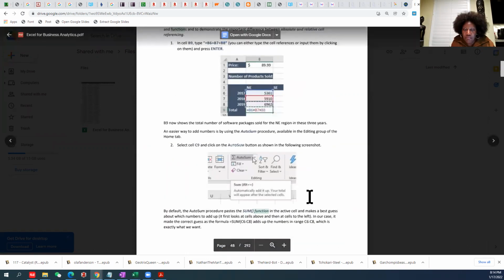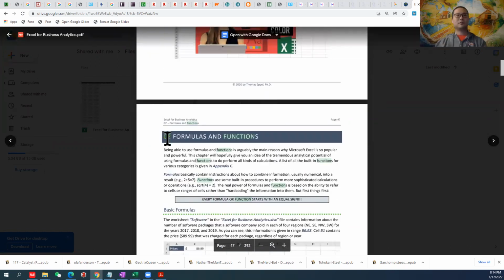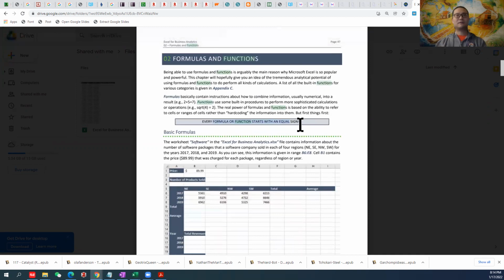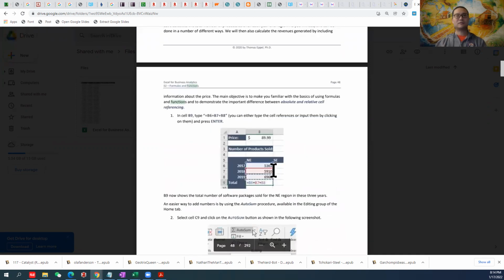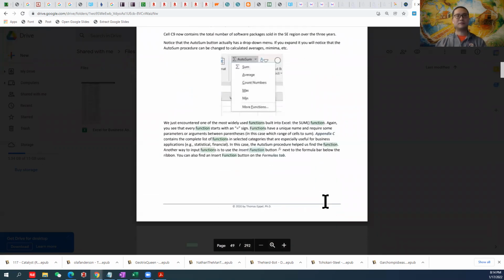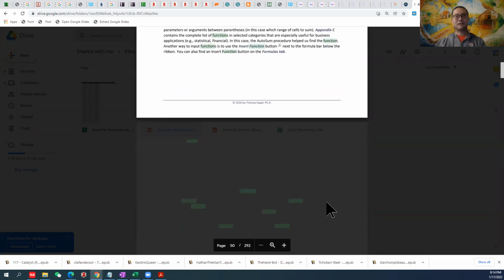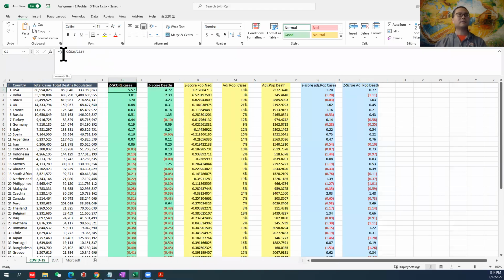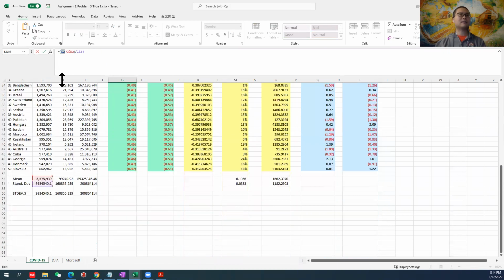Here, for example, it explains clearly what functions are and where to start and how to pay attention to the relative and absolute reference of cells, which you did great. In your example here, this would be called relative reference, and these with dollar signs would be called absolute reference.